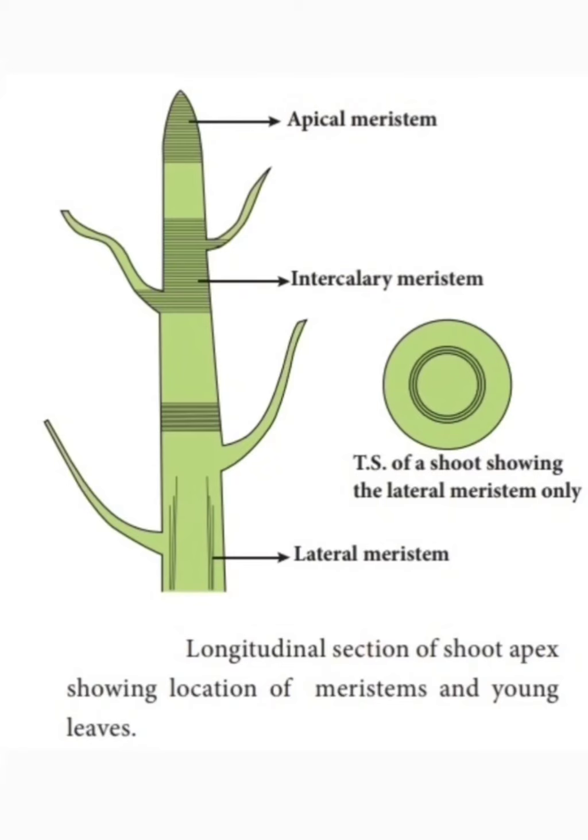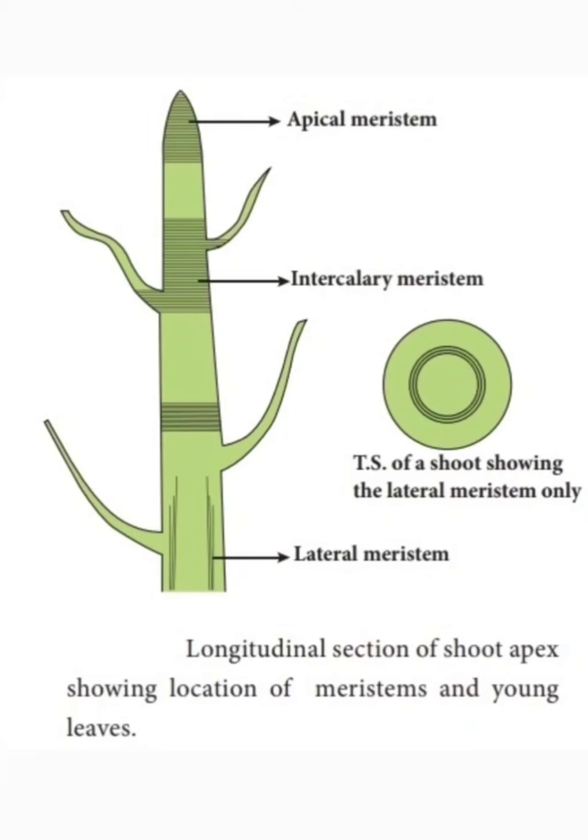So the meristematic tissue which is present at the tip region and helps in the overall growth of the plant is called apical meristematic tissue. And the meristematic tissue which is present at the edges in a lateral manner and which helps in the growth of the girth of the plant is called lateral meristematic tissue.